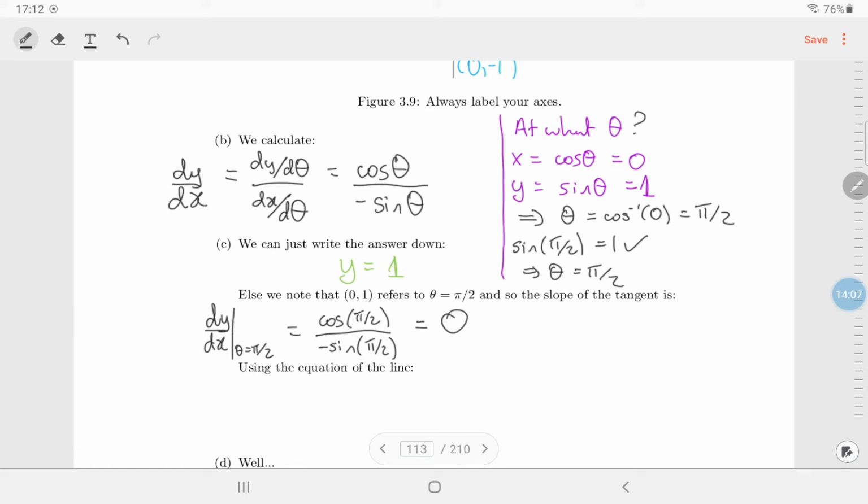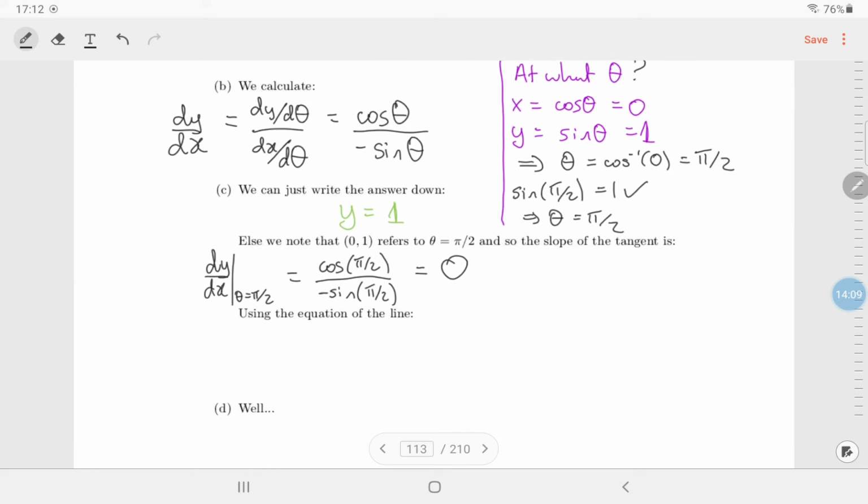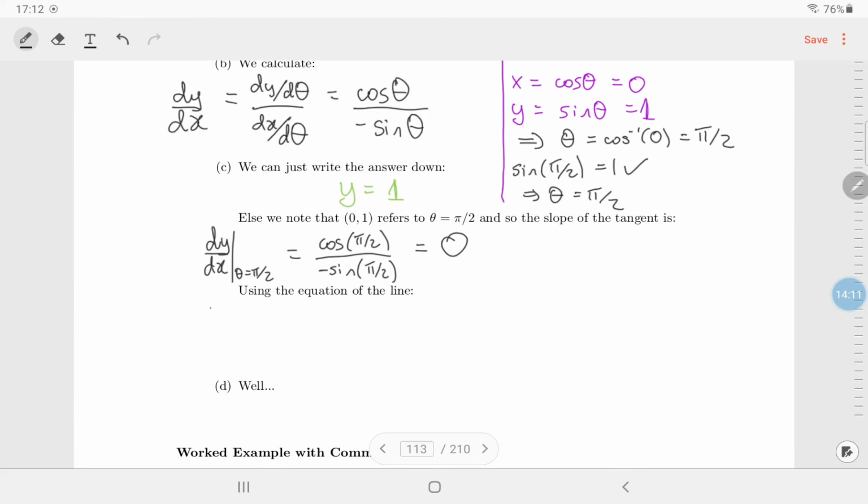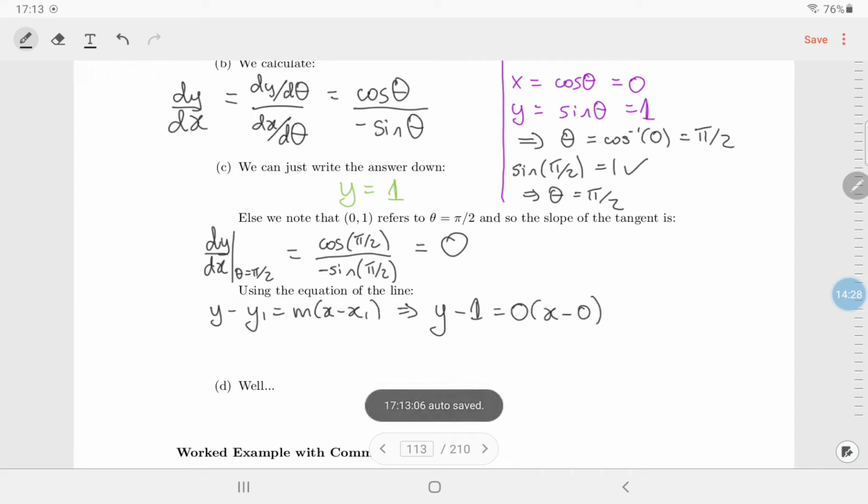So we have a point, which is 0, 1, and a slope, which is 0. So we do y minus y1 is equal to m times x minus x1. The y1 is 1, the point we have. The slope is 0. And then we have x minus x1. The x1 is 0, but it doesn't matter what it is because we're multiplying by 0 anyway.